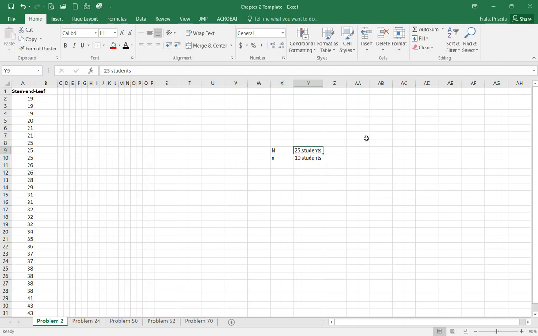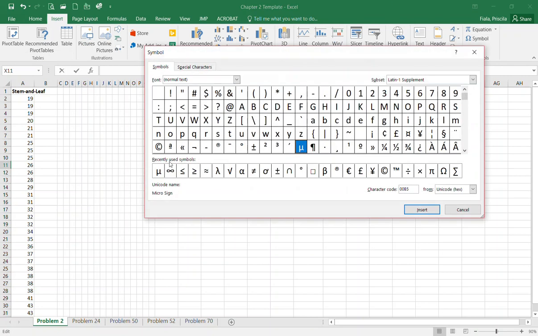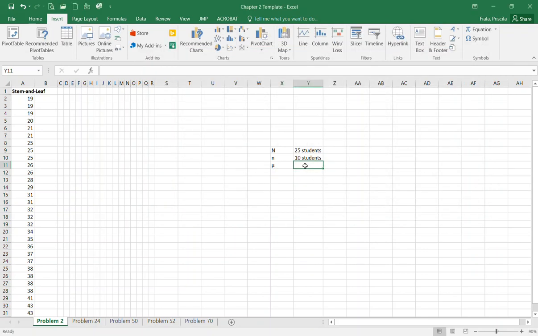You will be noticing different symbols. I advise you to take a look at them. Other symbols that you're probably gonna notice a difference would be the mean. If you see this symbol right here, that's the mean of the population.